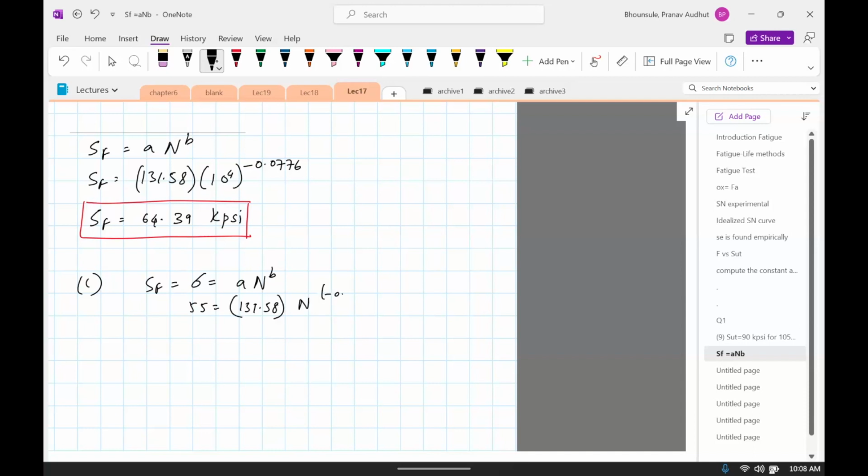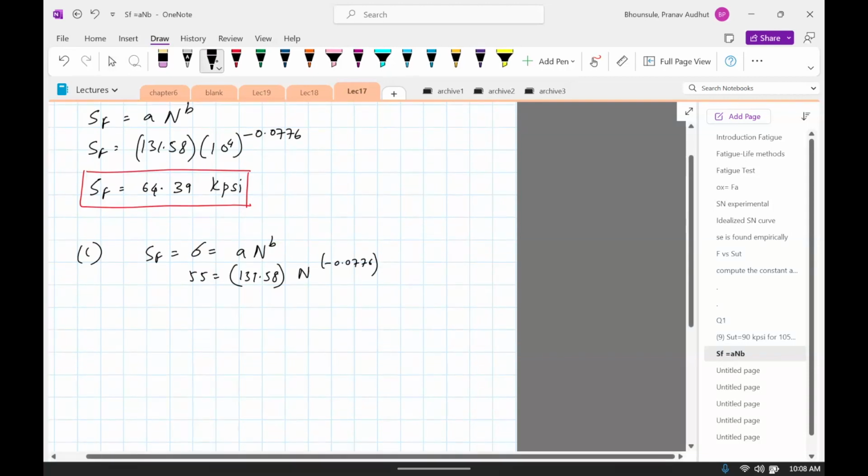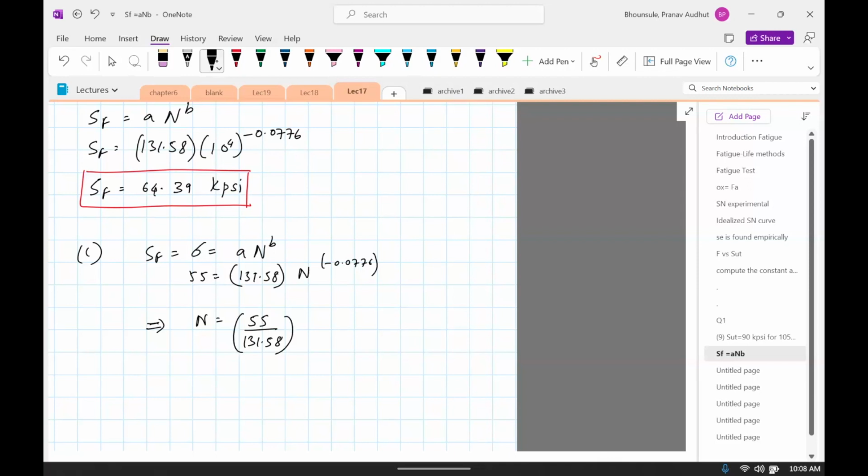B is minus 0.0776. In order to solve something like this, you could do it this way. n equals 55 divided by 131.58, and then I need to take it to the power 1 divided by minus 0.0776. You could also use logs if you think that's better.